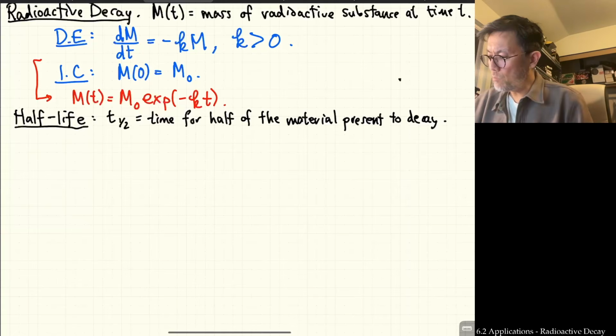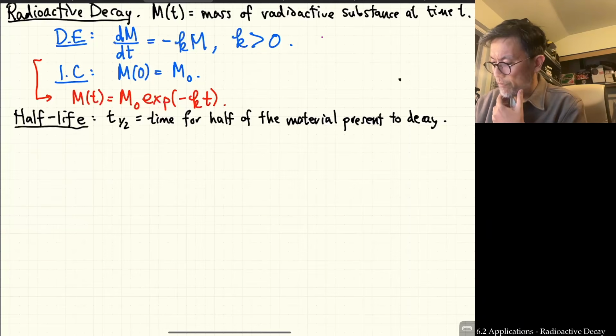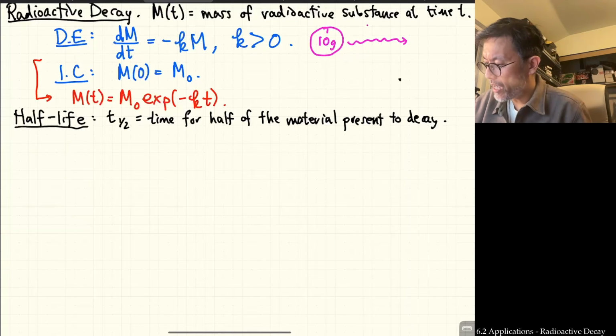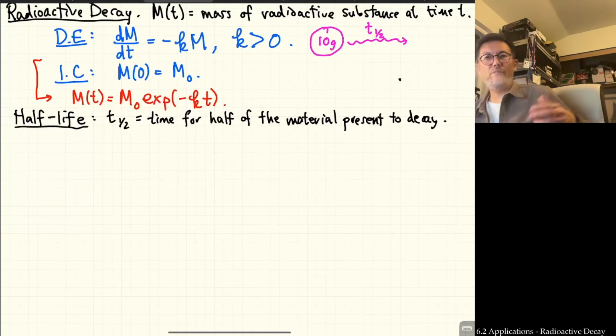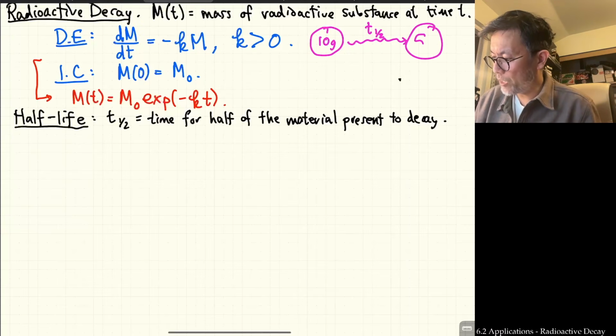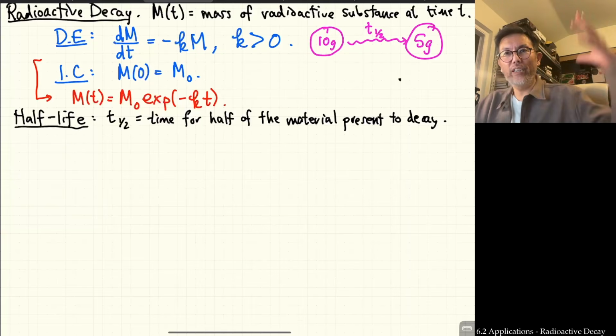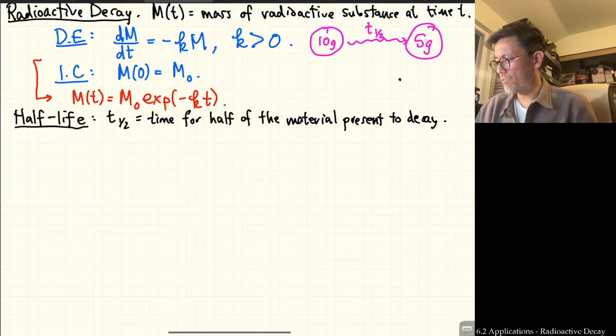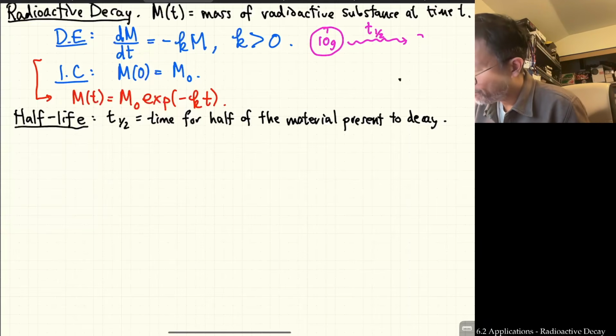Okay, so you might imagine that you have a pile of radioactive material, and let's say you have 10 grams of it. Then you wait a half-life. You could imagine the half-life is 5 hours. So you wait 5 hours, and what you end up with is 5 grams. Your pile has shrunk to 5 grams. Oh, I should draw that as if it were half the size. So it's smaller. It's 5 grams now.